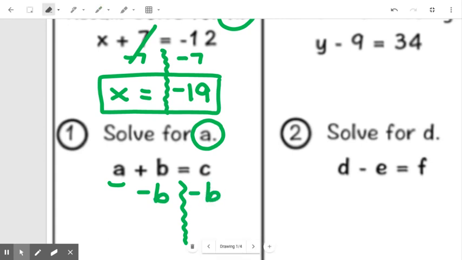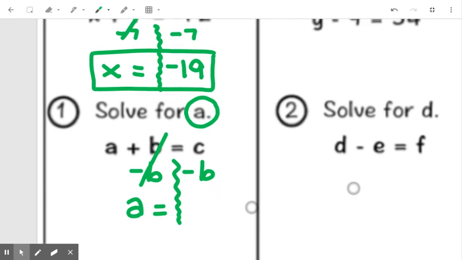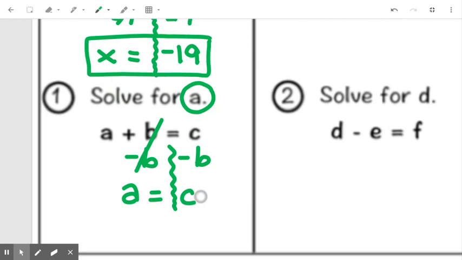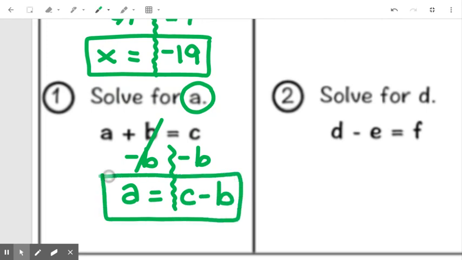What will happen then is I will end up with, on the left, a equals, and on the right, I cannot actually combine the c and the minus b, so I just write c minus b. And so I have rearranged this equation to get the a by itself and have everything else on the other side of the equation. And that's all I do. When I solve for a, I get that by itself.